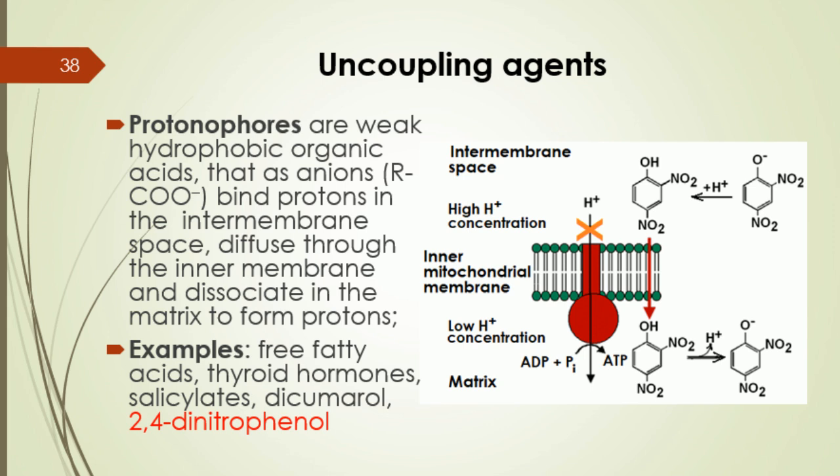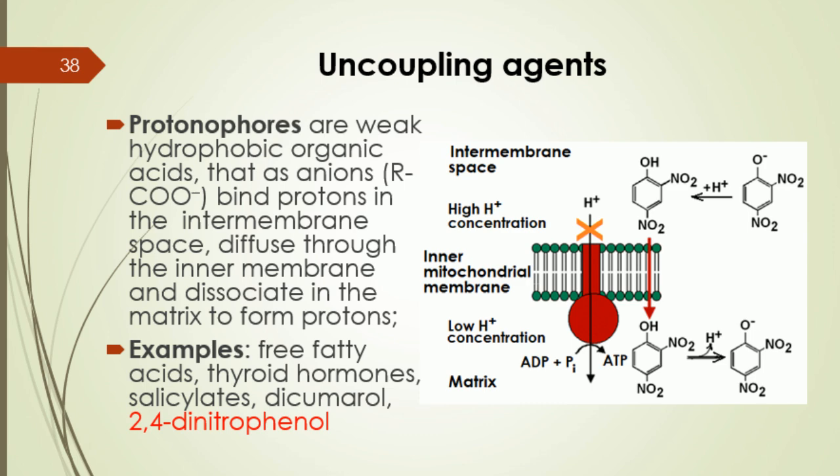The uncoupling of oxidation and phosphorylation processes can be caused by the action of a number of substances, both natural and synthetic. The mechanism of action of these substances is that they act as proton carriers across the membrane. Substances that separate oxidation and phosphorylation can be divided into protonophores and ionophores. Protonophores are weak hydrophobic organic acids.